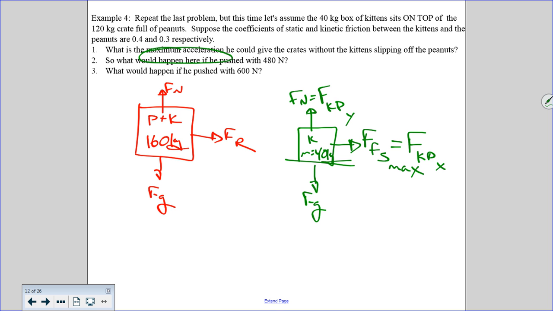All right, any problems with that? I'm getting a lot of blank stares. Sarah, talk to me, what do you got? Wait, so what's the up friction again? Sorry. It's not friction up. As he pushes the kittens, the peanuts are holding them up, right?